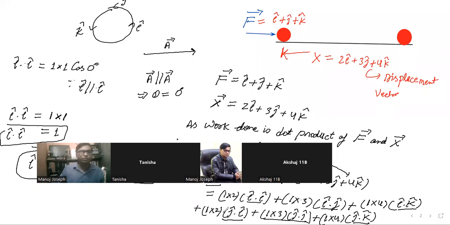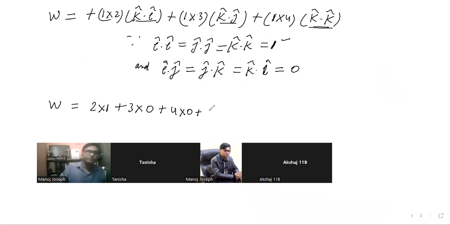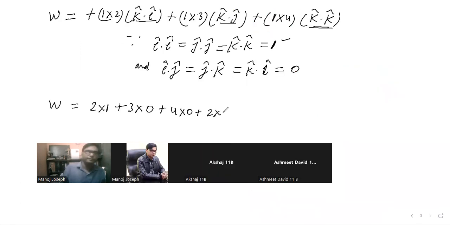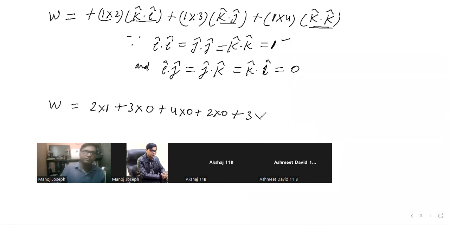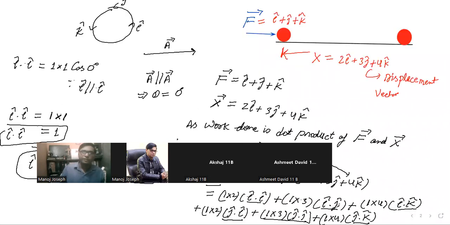So next is 1 into 2 is 2, but J dot I cap will give us 0. Next, 1 into 3 is 3, but J dot J will give us 1. Now, 1 into 4 is 4, but J dot K will give us 0.